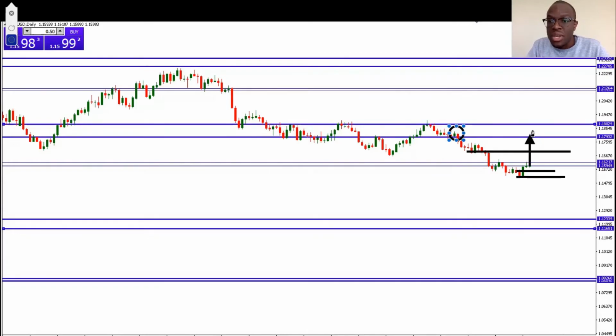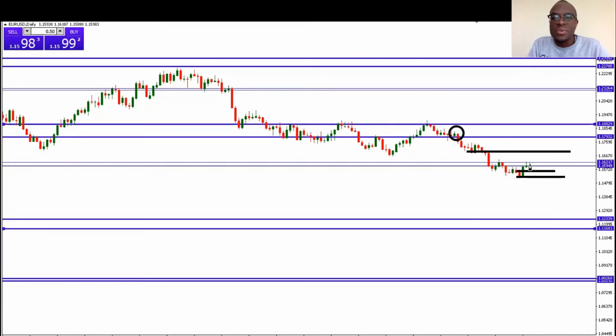Once it gets to here, the price will be rejected to the downside, maybe push to the downside, pull back, and then come and mitigate this order block. Then the third bearish scenario is where this will act as a strong resistance area and the price will just straight reverse, push to the downside, pull back, and then come and mitigate this order block. This will be our third bearish scenario.